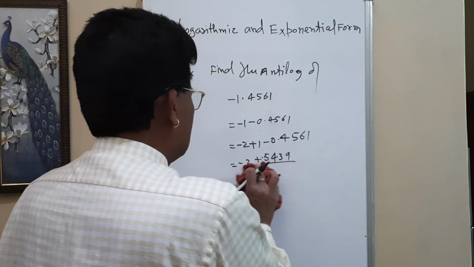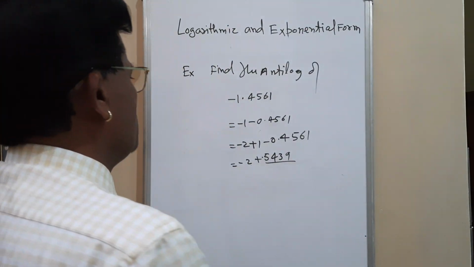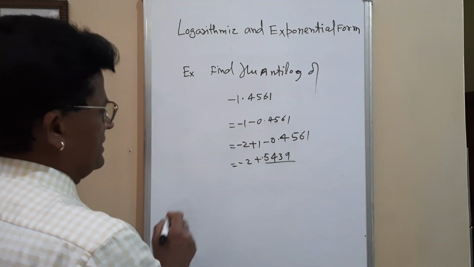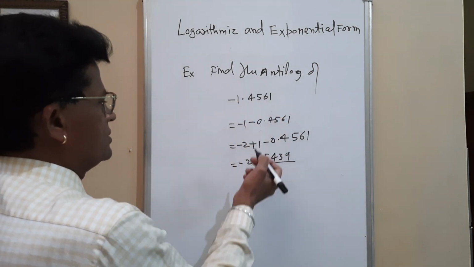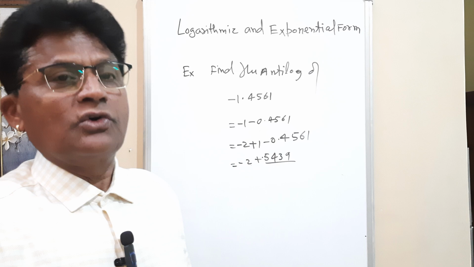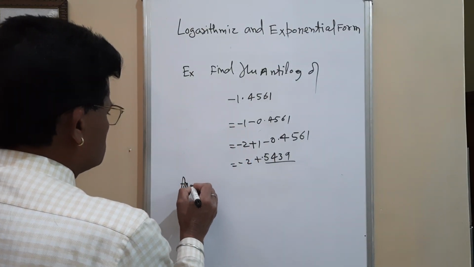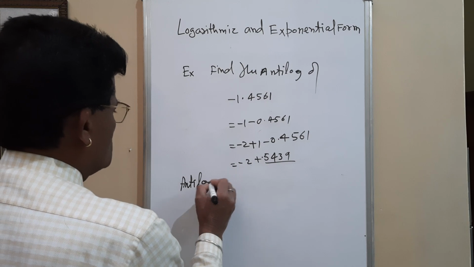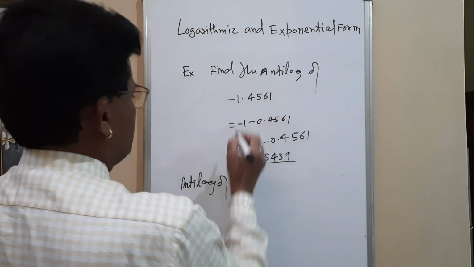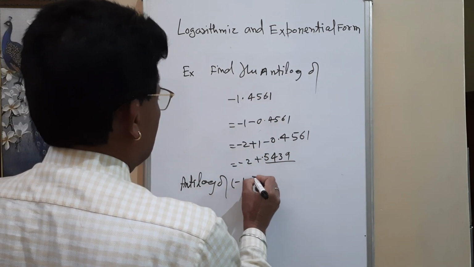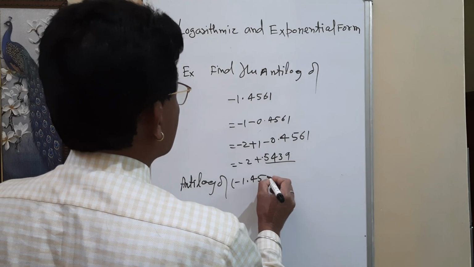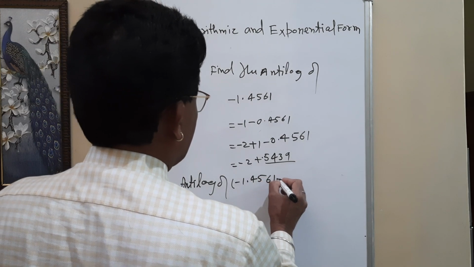If you want to find out the antilog of the negative number, then you must have to find out this. Okay, because this is the log value, and now you can find out the antilog of it. Now, antilog of what is that? Minus 1.4561.